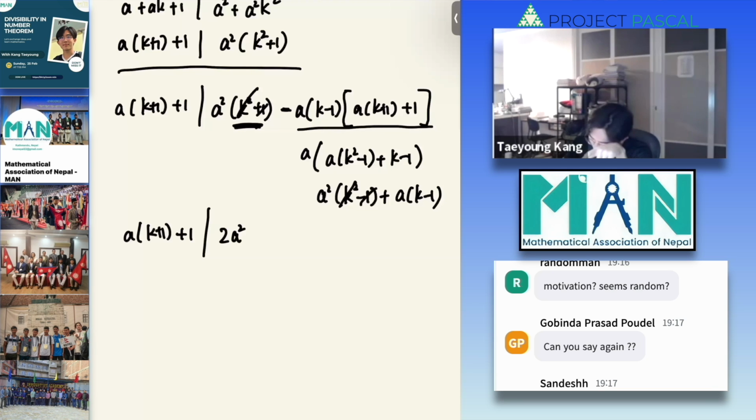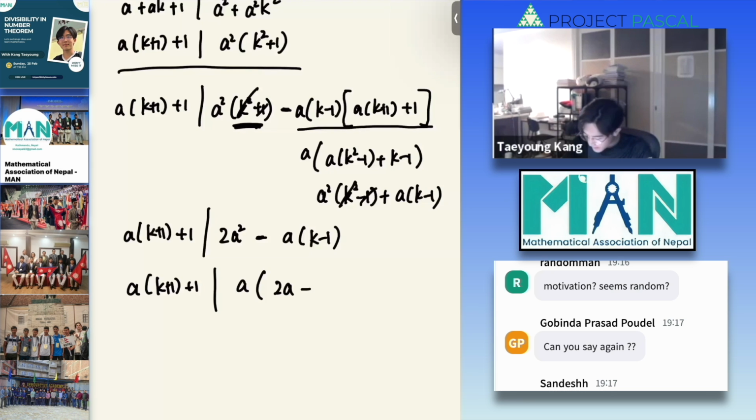Then we have minus A times K minus 1. But then we realize that we can completely factorize out A from the right-hand side. We get A times K plus 1 divides A times (2A minus K plus 1).